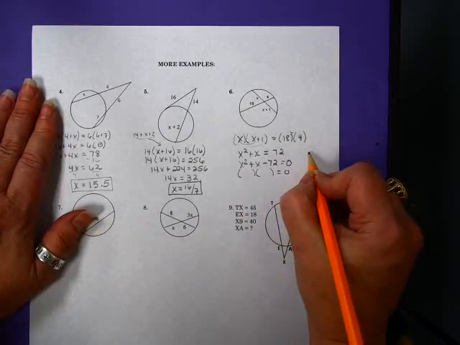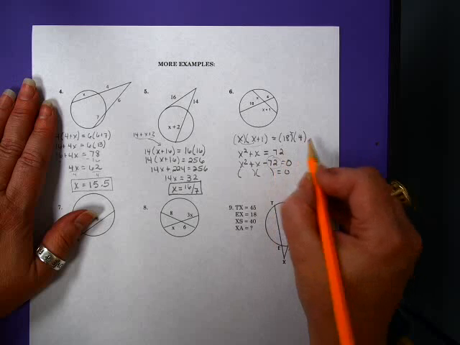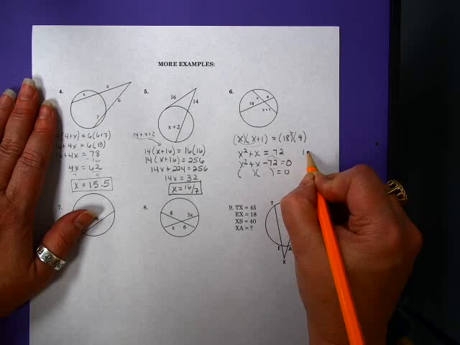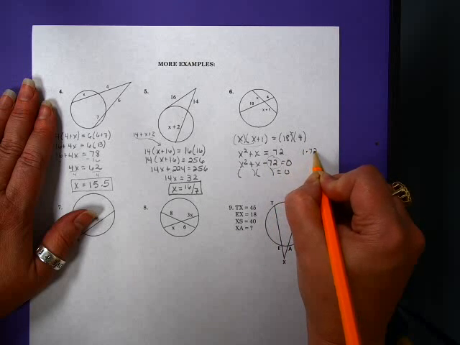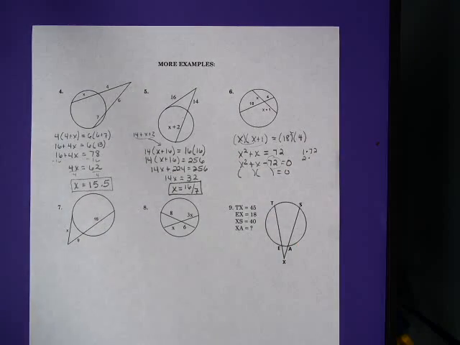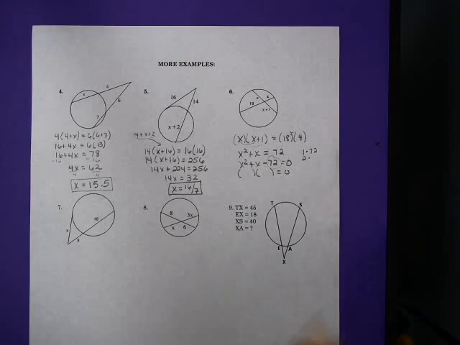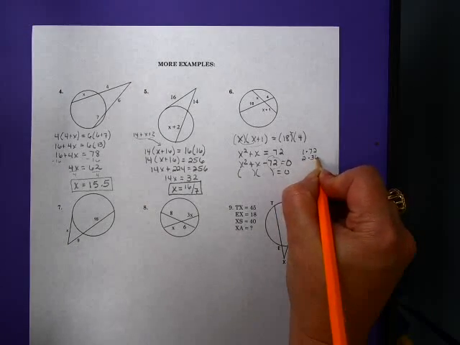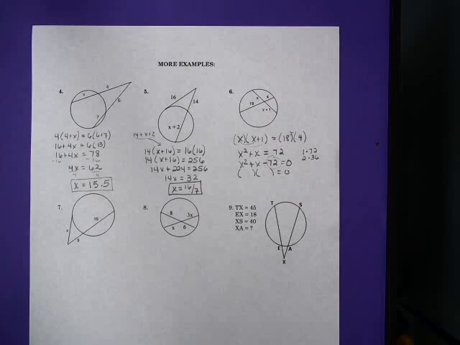Alright, so when I factor this, I want to look at this right here and say, well, what multiplies together to give me 72? 1 times 72. Okay, 2 times, that would be 36. Then you check to see if 3 goes into it. 72 divided by 3.